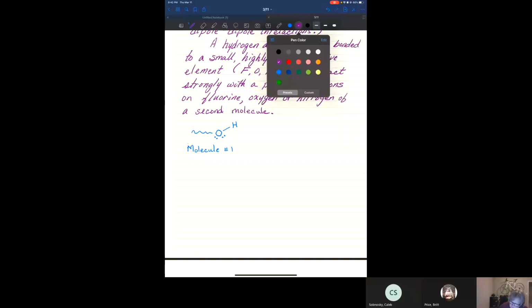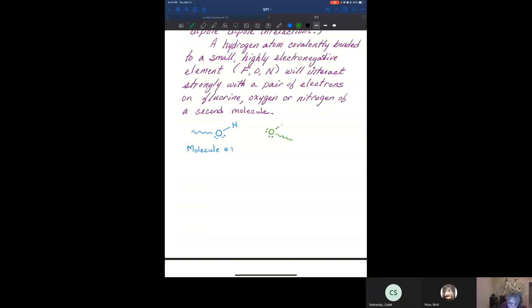And then I'm going to have O, H. And this is molecule number 2.